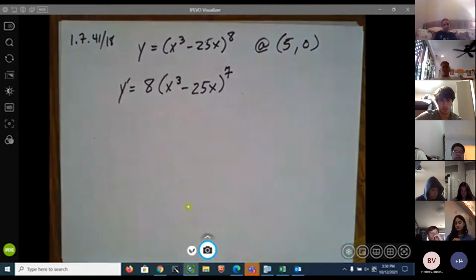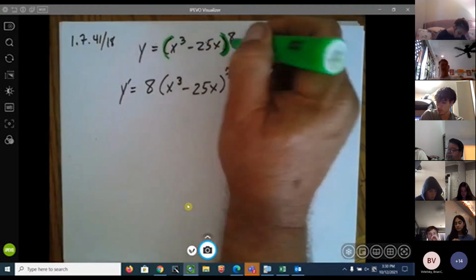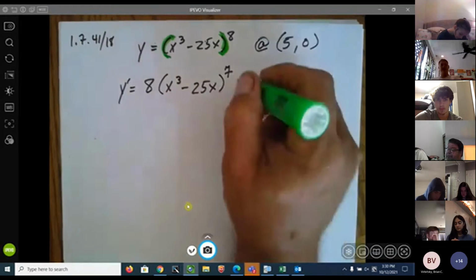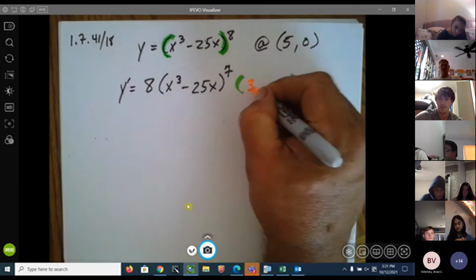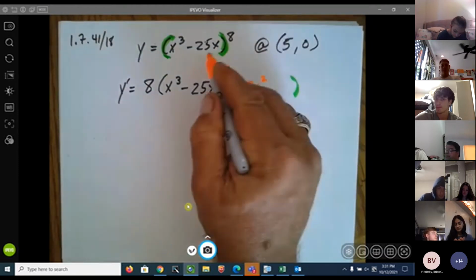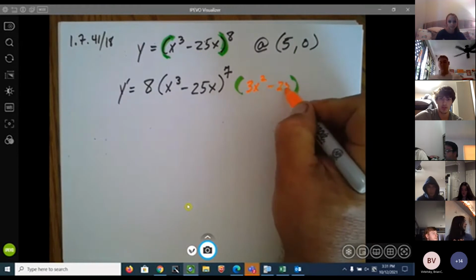And then take my handy dandy highlighter. And what do I need to do now? Take the derivative of what? What's inside? What is the derivative of x to the third? 3x squared. 3x squared. And what's the derivative of 25x? 25.